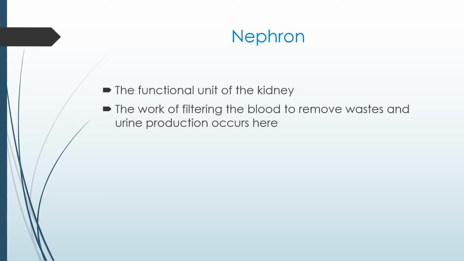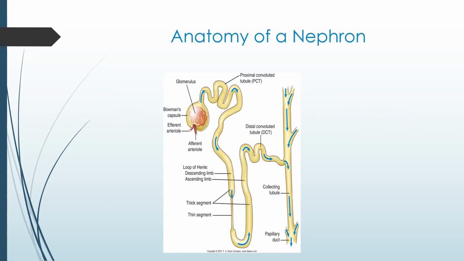The work of filtering the blood to remove waste products and urine production will occur in the nephron. And here we are seeing the anatomy of the nephron. Again, this is serving as a review, so if you just need to place something in your mind, how this works, what is going on, perhaps this will be of help.